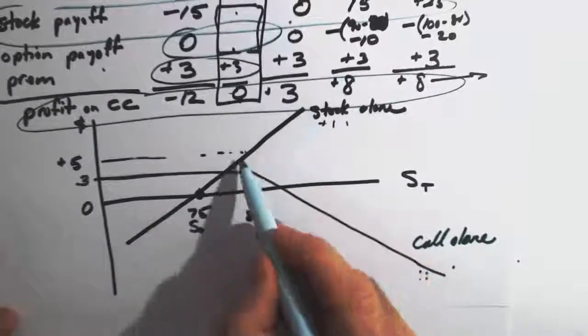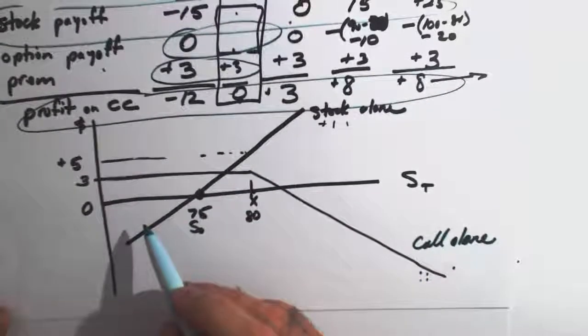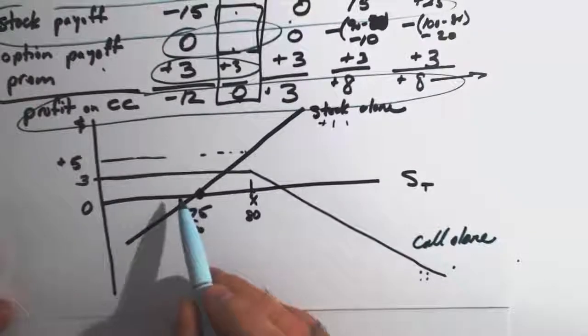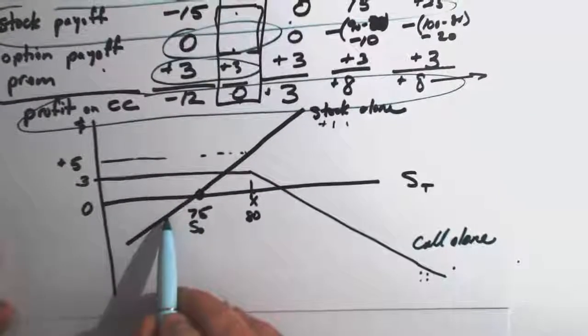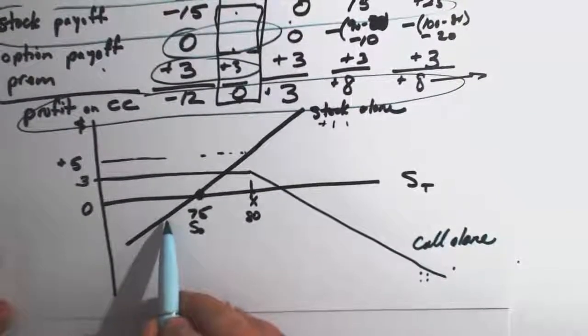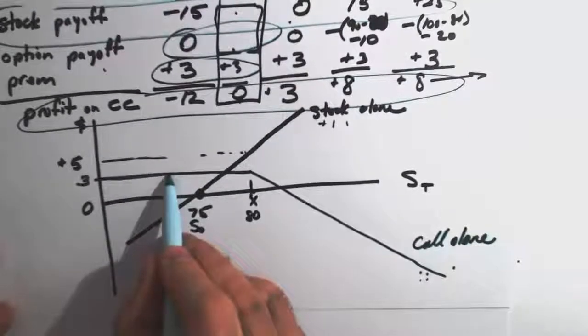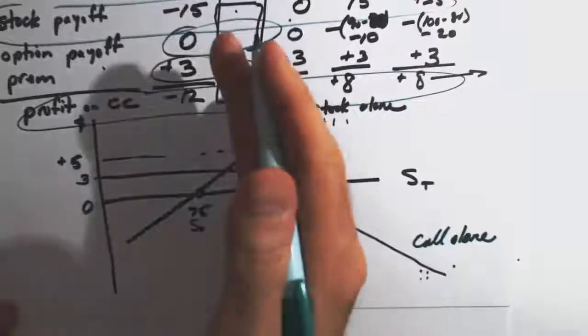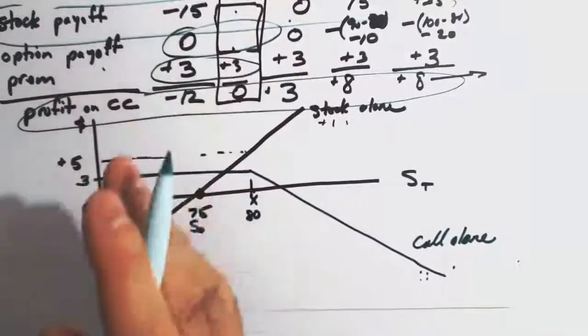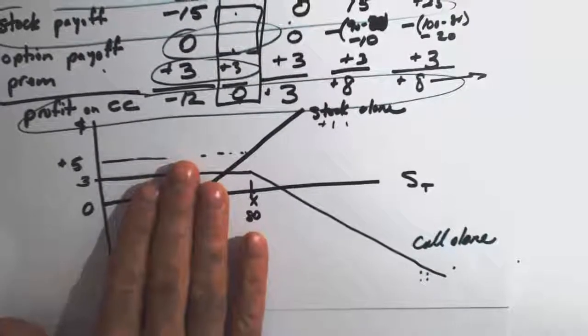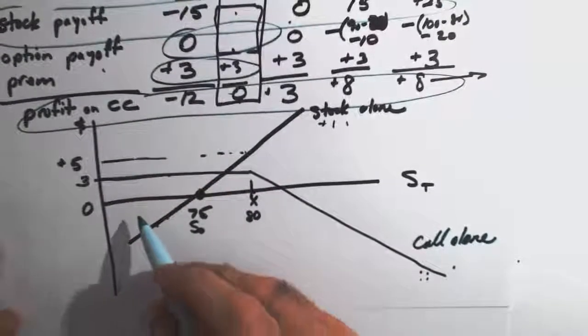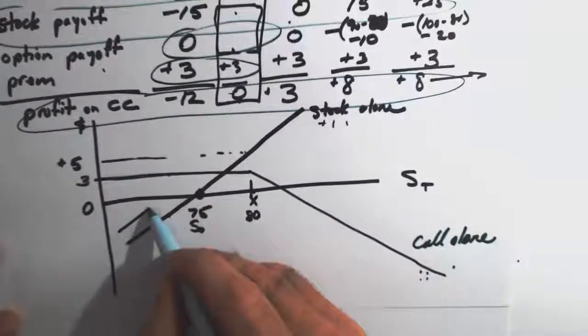We have the stock, and notice here we have a slope of +1 plus a slope of 0. So when you have a slope of +1 and a slope of 0, that means anything to the left here, anything where my fingers are right here, is going to have a slope of 1. It's going to look like this.